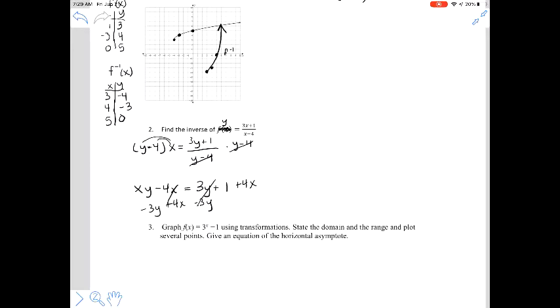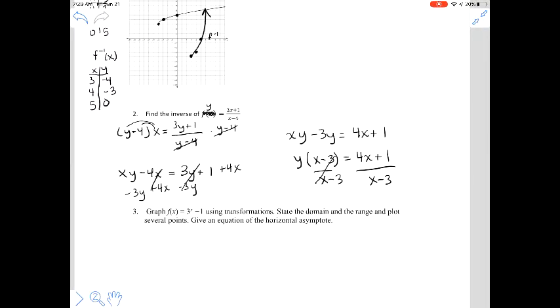So now my equation becomes xy minus 3y equals 4x plus 1. Now that both of those terms have a y, I can factor it out. And then divide by x minus 3. And then that's the inverse.